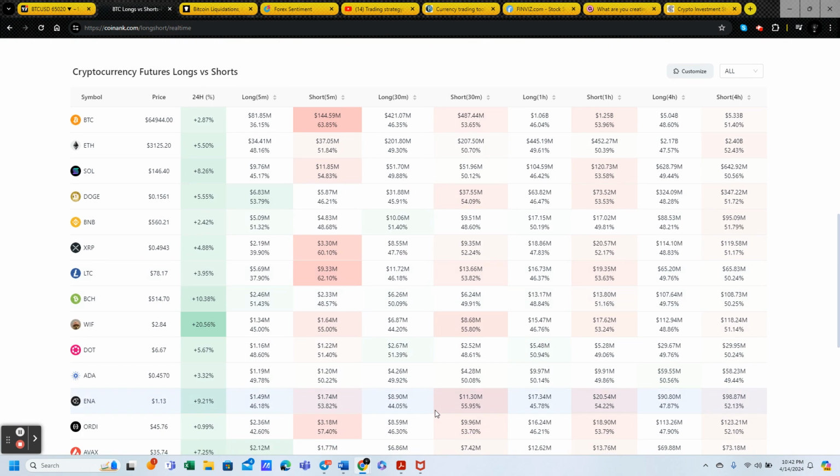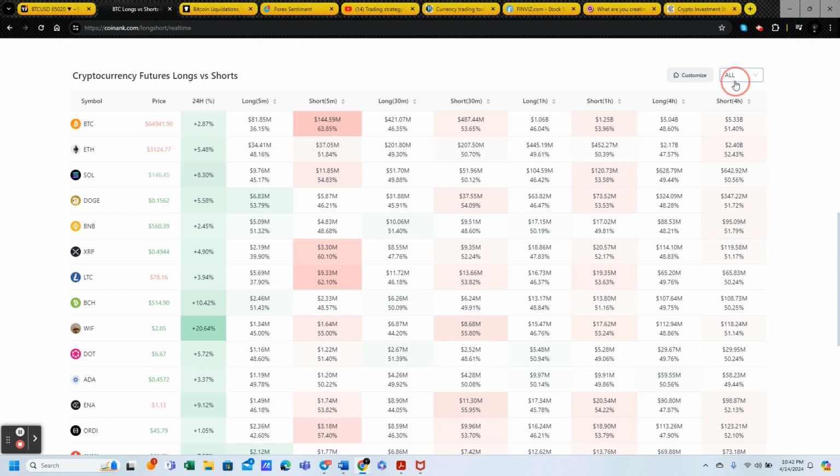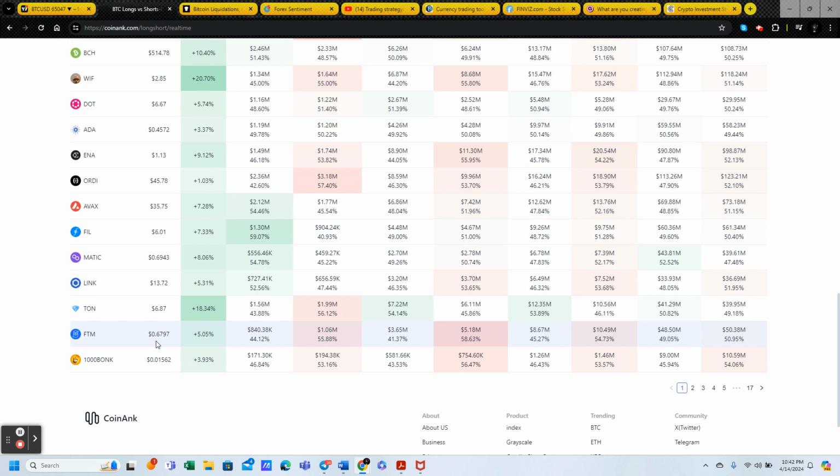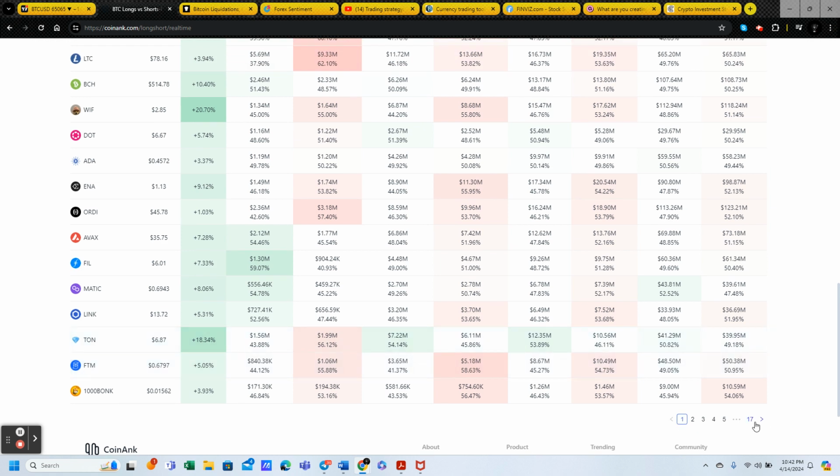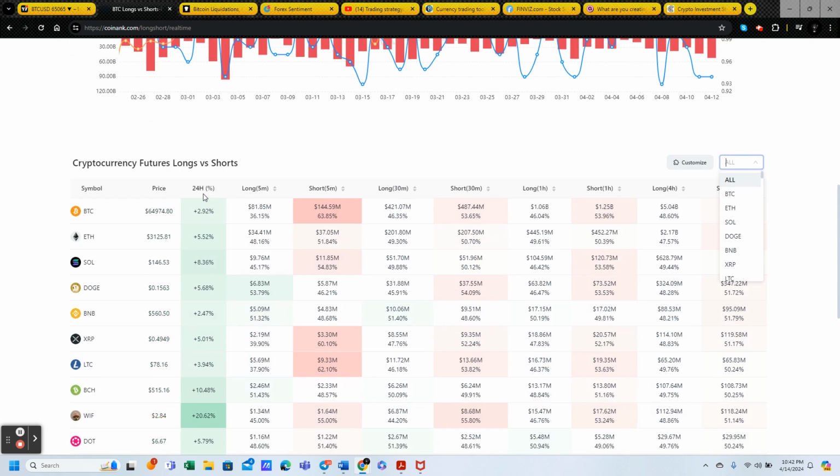You also can go all the way down here, and if you select all, this is going to be all the coins that are offered here. They go all the way up to 17 plus pages, so you can find as much as possible.